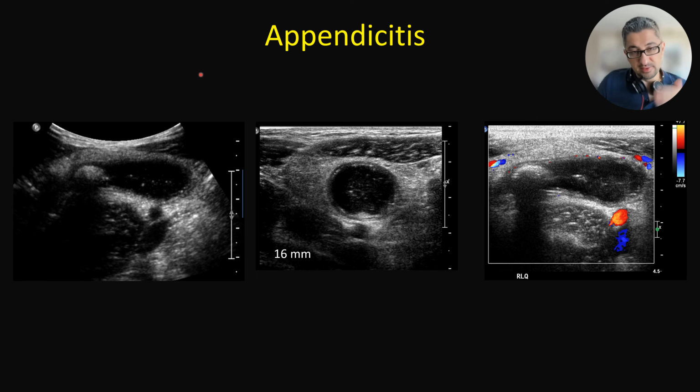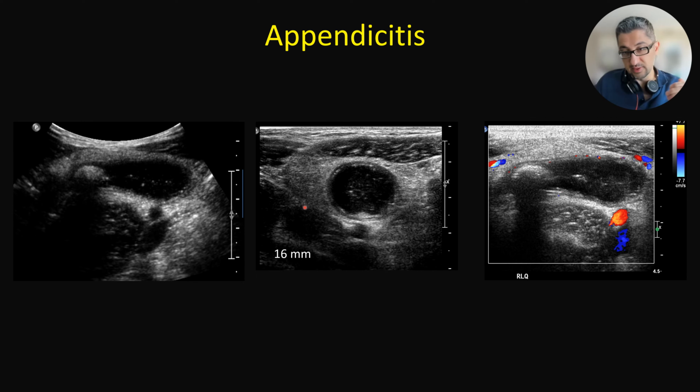Here is a straightforward appendicitis, very distended, with an appendicolith which looks obstructive, and there is no hyperemia, as you can see. Hyperemia is not a reliable finding. Even if there is advanced appendicitis, you may not see hyperemia, and even with normal cases or lymphoid hyperplasia, you may see some increased vascularity.